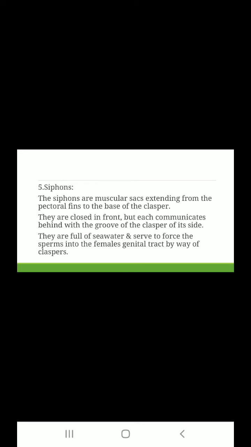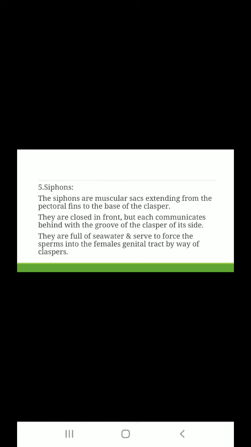Fourth is the sperm sacs. These are elongated, club-shaped blind sacs opening into the urinogenital sinus outside the opening of the vesiculae seminales, and their function is unknown. Perhaps they represent the vestiges of the Mullerian duct. Fifth is the siphons.